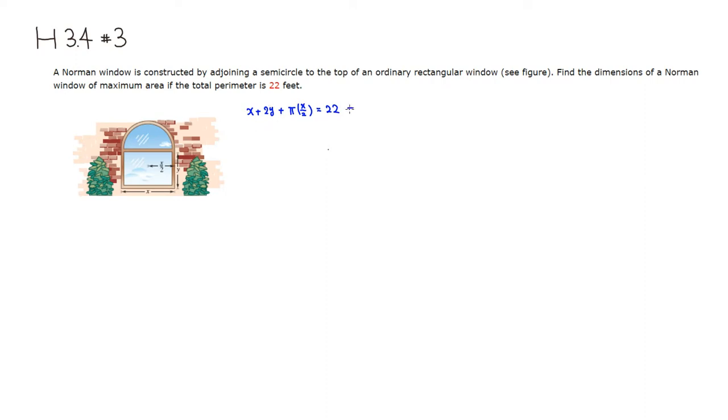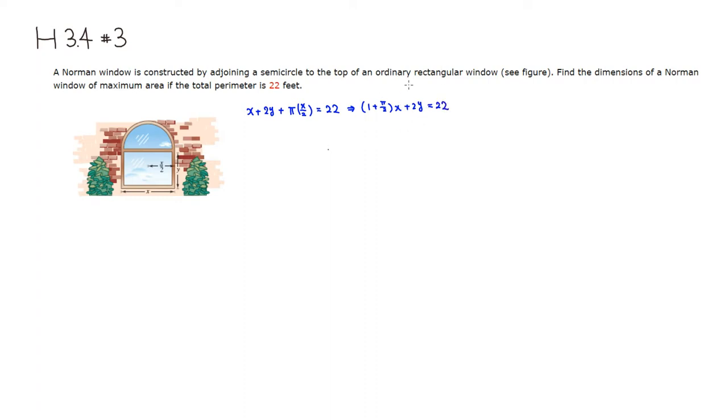So this is x, and I'm going to combine those x terms. So you have a 1x here and a plus pi over 2 x, and then you have plus 2y is equal to 22.